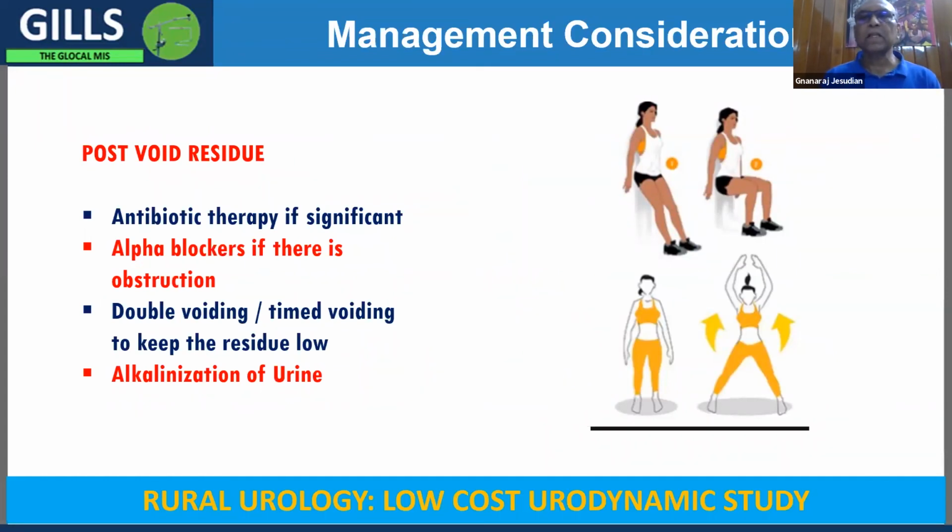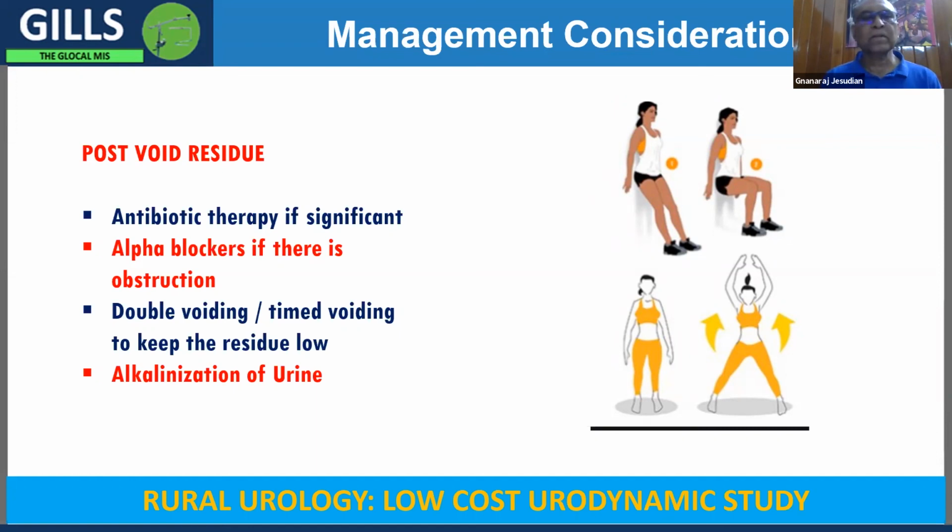And then if there is a significant post-void residue, again, if you know the cause of it, we can work out how to treat it. If there is significant obstruction, then you can use alpha blockers. And if there is decreased sensation or neurological problems, you can practice what is called double voiding.